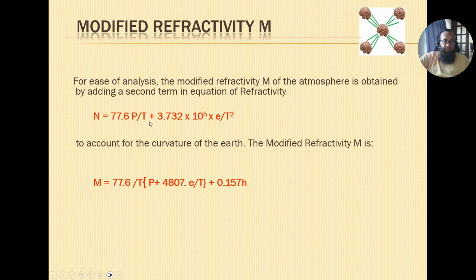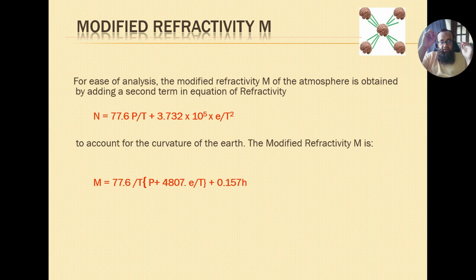When we were talking last time, that depends upon the pressure, temperature and humidity. But when we talked about the refractivity gradient, the refractivity gradient is the change in refractivity with respect to height. So the refractivity gradient is related to height. But height is one aspect.